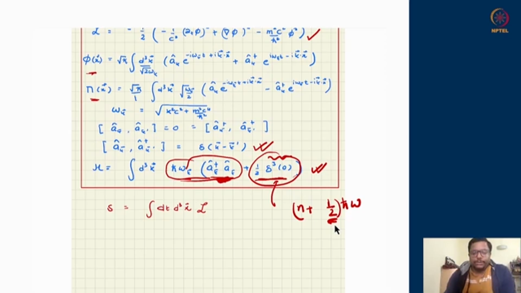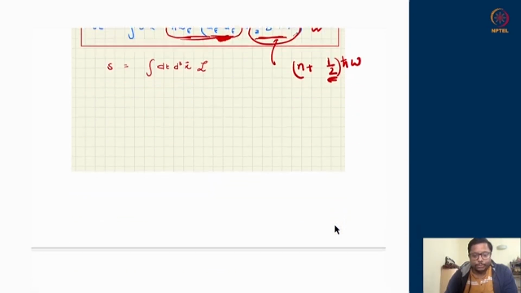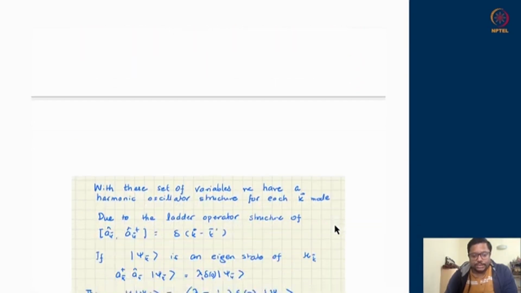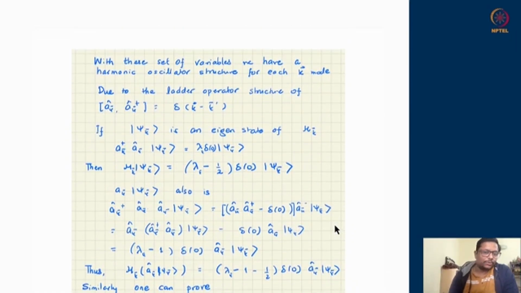Okay, so now we will go further and try to identify the existence of such a vacuum and how to identify different particle modes which can exist over here. Again, we will start the story similar to the harmonic oscillator case. We will assume that there is an eigenstate of a Hamiltonian, and then we will try to see what a_k and a_k dagger do, where that takes us, and what kind of states are generated.